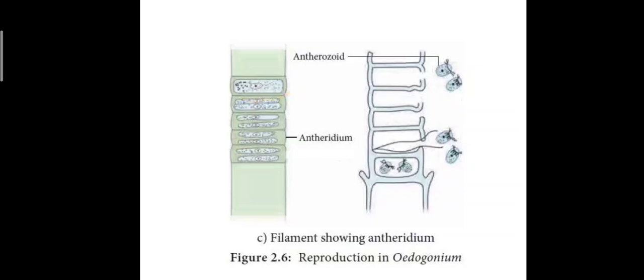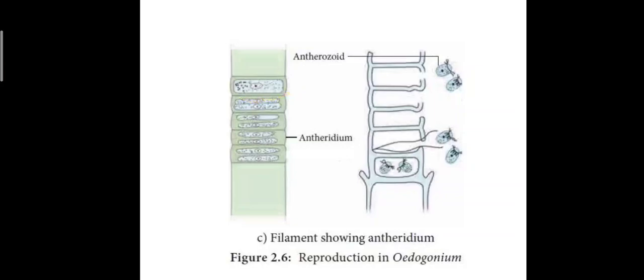This sister cell will again undergo division in the same manner, unequal division, and form an antheridial cell, which will be the upper cell, and the lower cell will become the sister cell. This process continues until a row of antheridial cells is formed, and then the protoplast of each antheridial cell will transform into two spermatozoids.